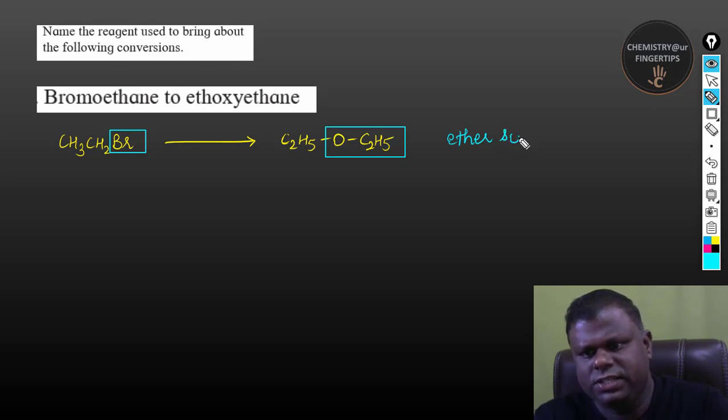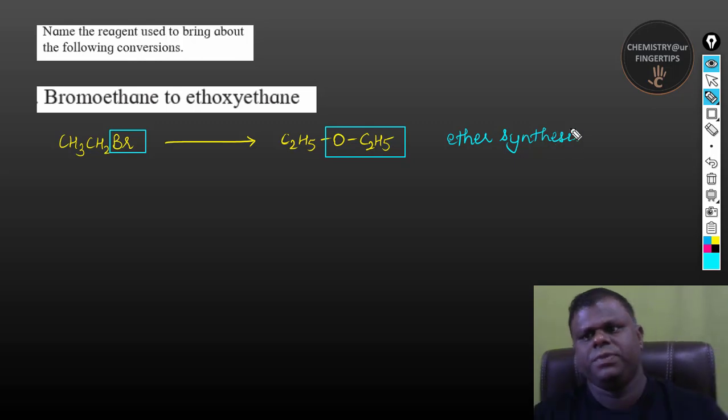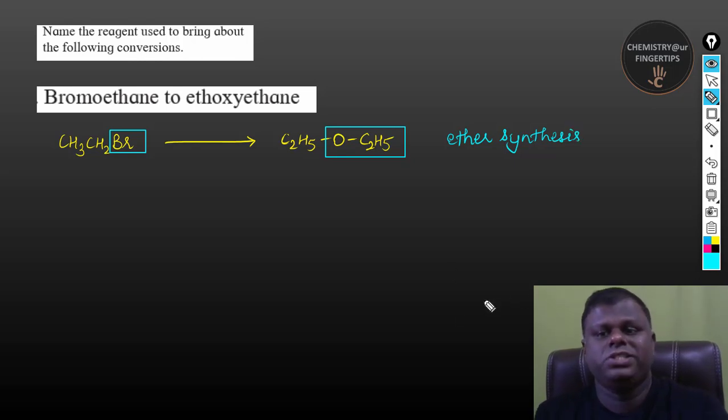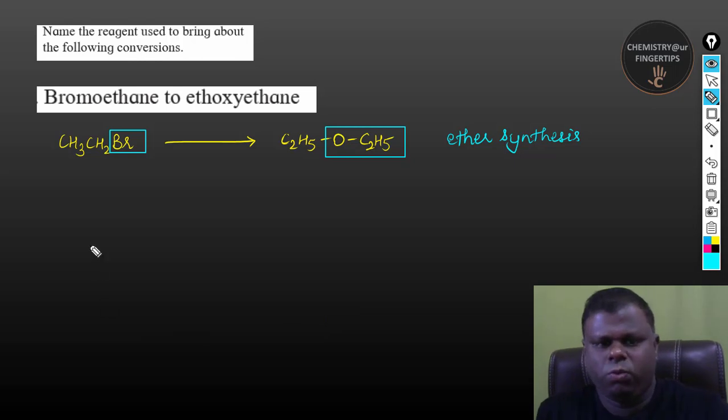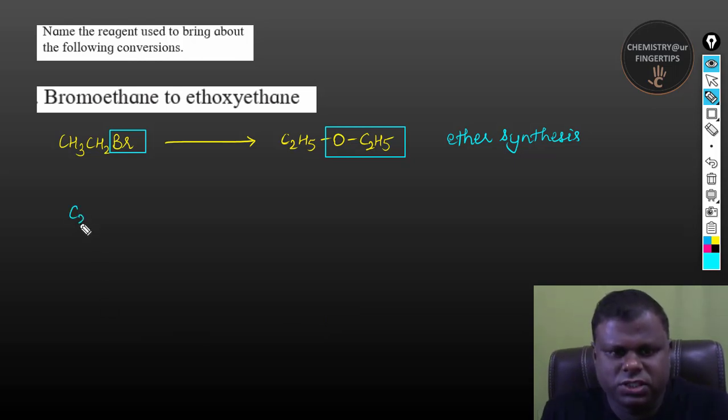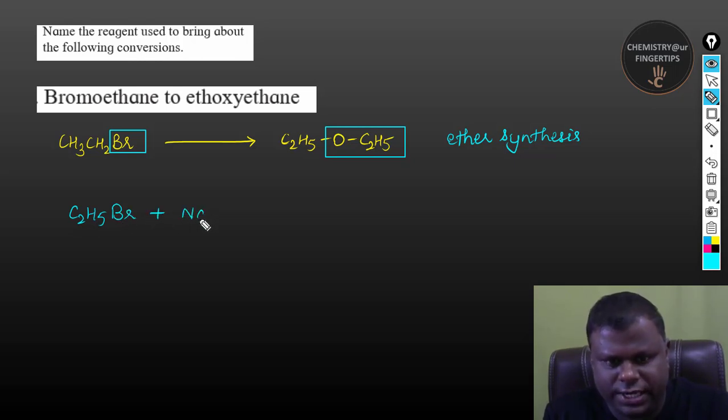In ether synthesis, you can use two basic approaches. You can convert it into an alcohol and go for continuous etherification, or you could do the simple Williamson synthesis. So what exactly happens in Williamson synthesis? You have C2H5Br, which is treated with sodium ethoxide, NaOC2H5.